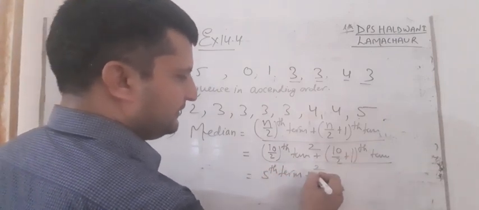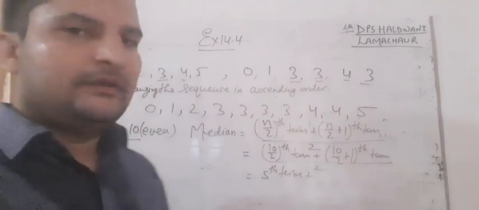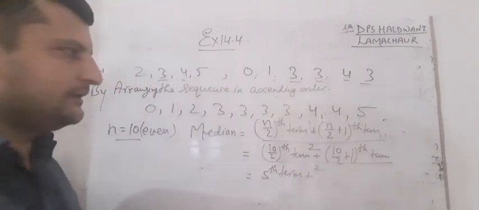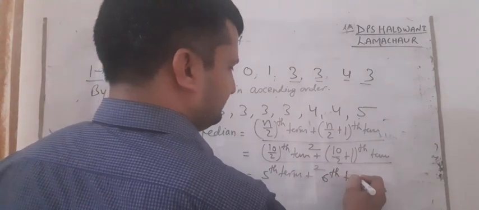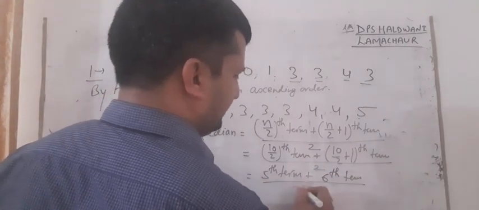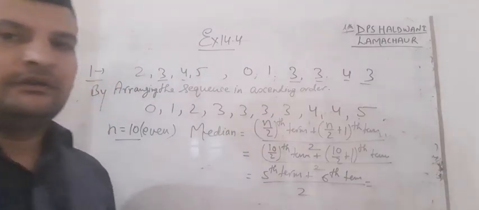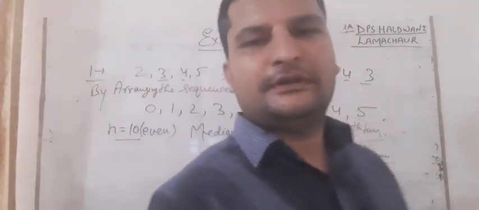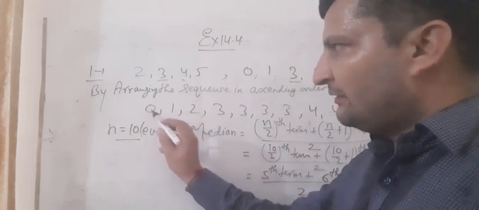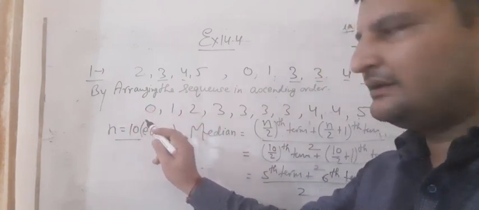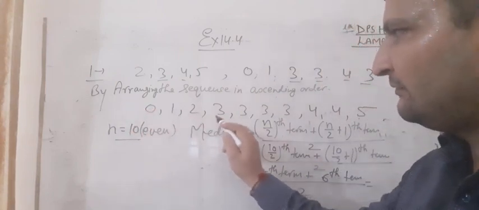Plus, 10 by 2 plus 1 means, students, 10 by 2 is the 5th term, 5 plus 1 is the 6th term, whole divided by 2. Now students, the meaning of 5th term is we have to write the 5th term from this series which we have arranged in ascending order. 1, 2, 3, 4, 5.